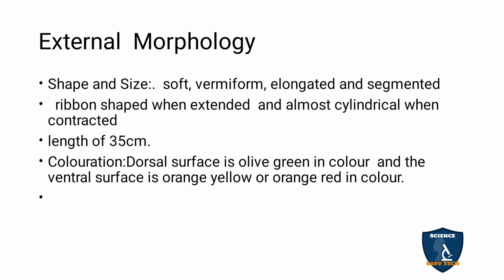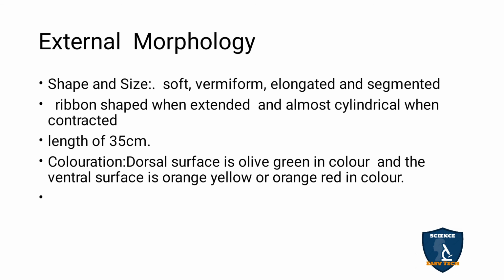If you see the shape of the leech, it looks ribbon shaped and almost cylindrical, extended like a ribbon and looking like a cylinder. The length of the leech is 35 centimeters. Coloration: the dorsal outer surface is olive green in color.